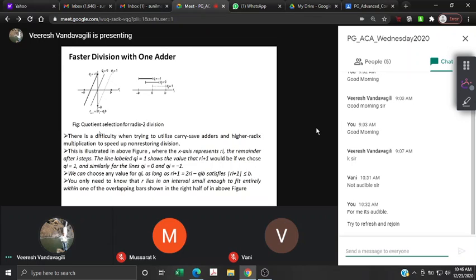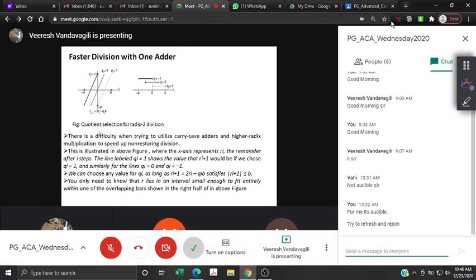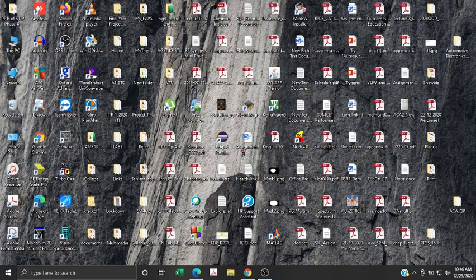So in the faster division with one adder, with the help of radix 2, the quotient selections are minus 1, 1 and 0. This method can be improved with the help of the SRT division operation.